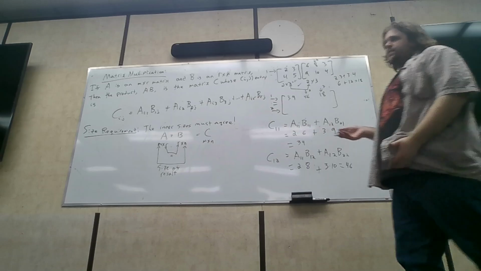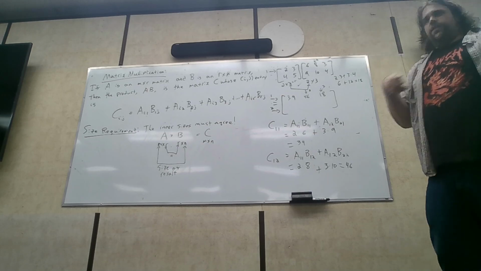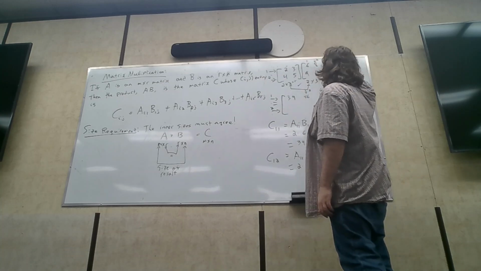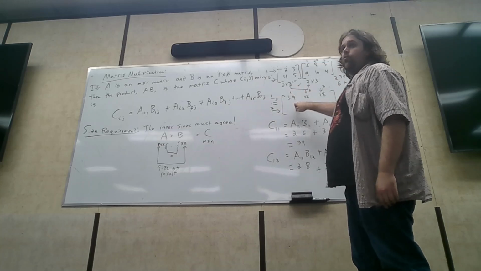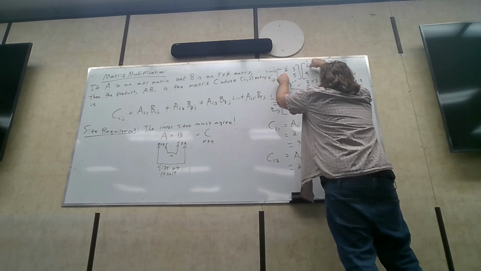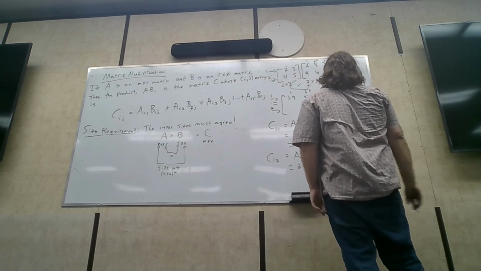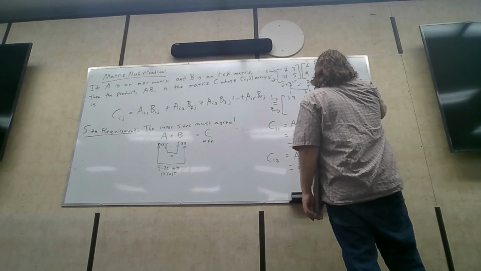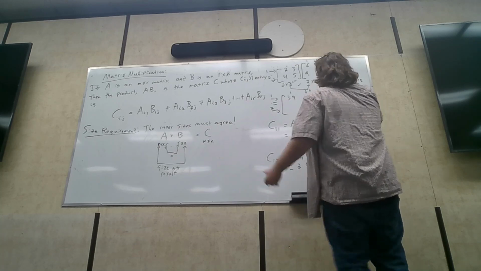Matrix multiplication is one of those things that initially is kind of a lot, but once you do it enough times, you just go, okay, and you're doing the finger thing. I call it the finger thing. I don't know what it's actually called. So this number here is row 2, column 1. Row 2 in the left, column 1 in the right. 4 times 6 plus 5 times 9. 6, 12, 18, 24 plus 45 is 69.